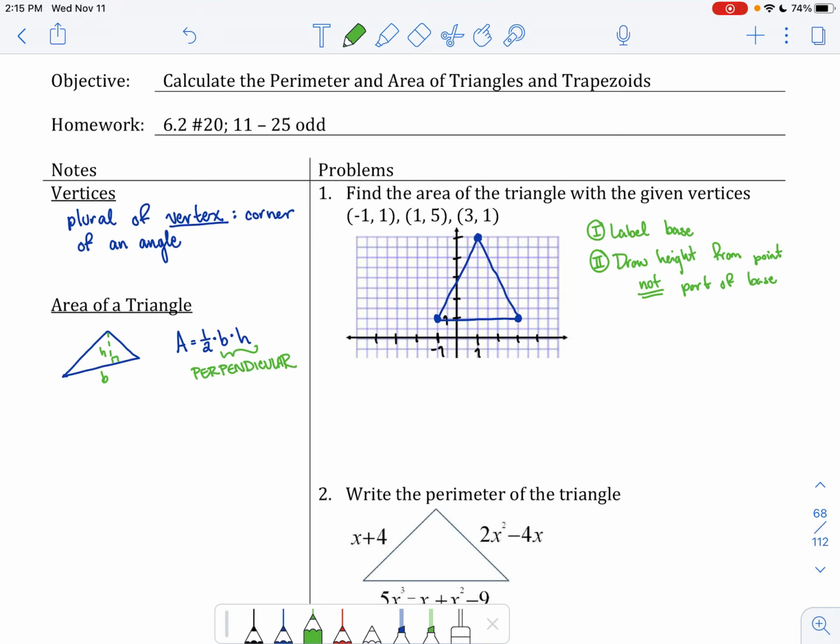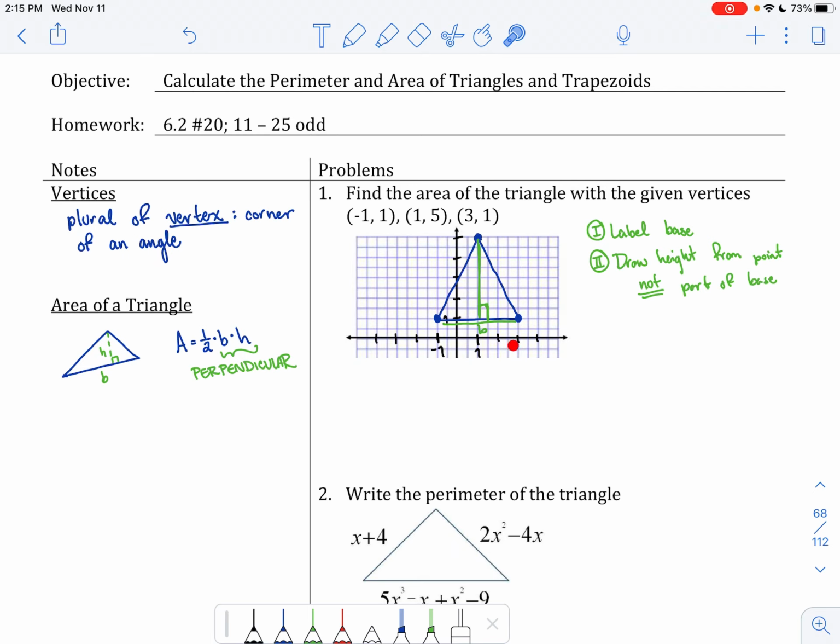And here we can see the steps that I recommend that you follow. Label the base and draw the height from the point that's not part of the base. So in this case, I'm going to call this here the base, which means the height is from this down and is the perpendicular. So here, we've got 1, 2, 3, 4.